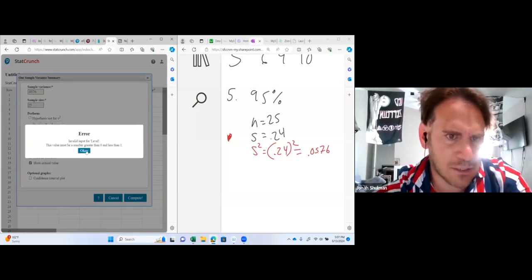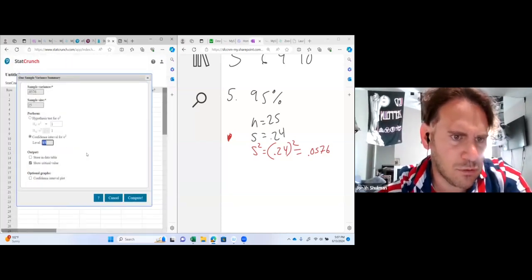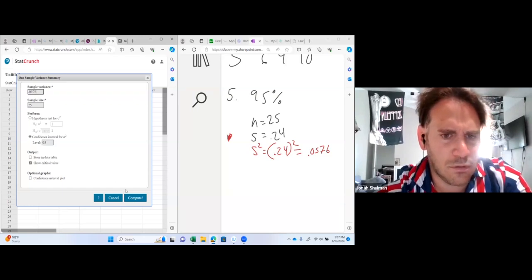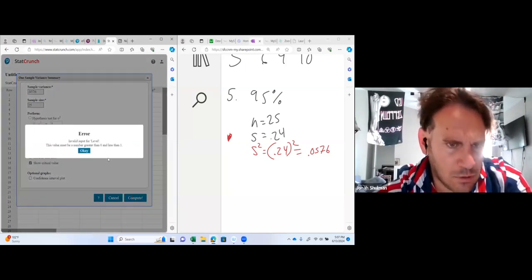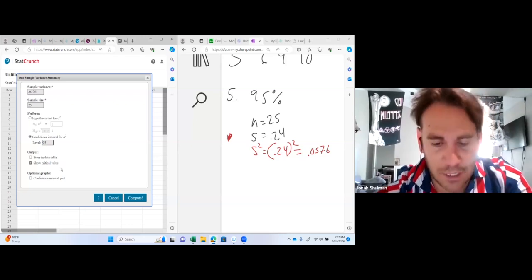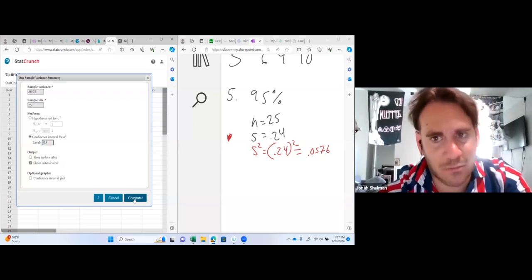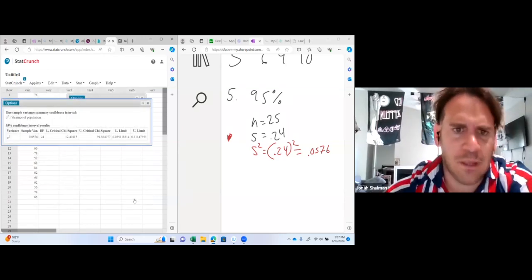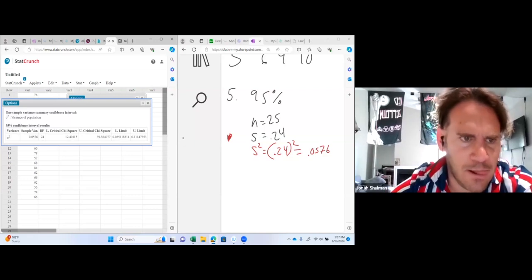I'm going to click compute. The value must be a number greater than 0 and less than 1. I forgot a dot. It's 0.95. My bad.